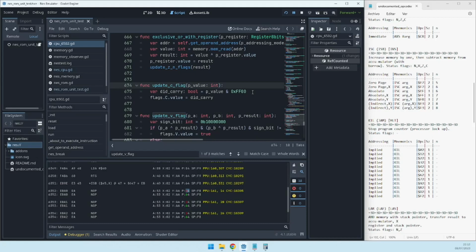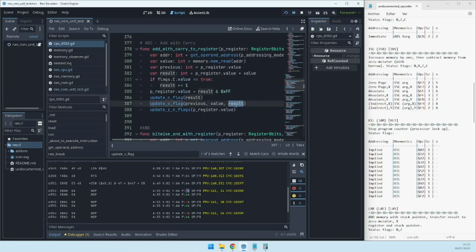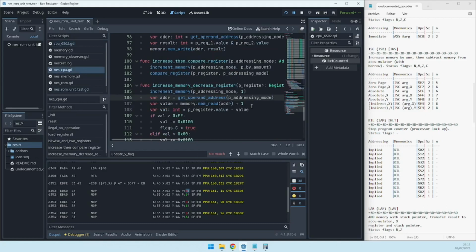I see. So the result you set for update b flag, is it already clamped? No, it is the unclamped result. So that means I need to do the negative operation the right way, I guess.